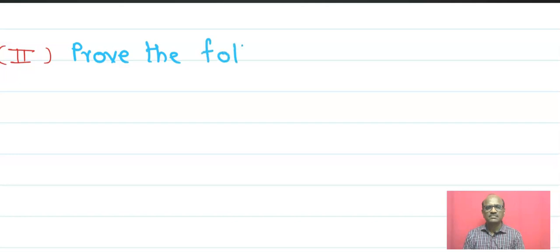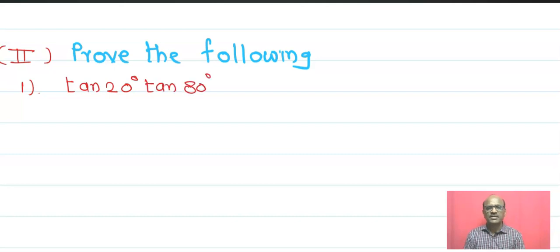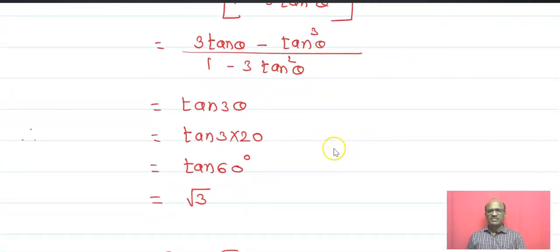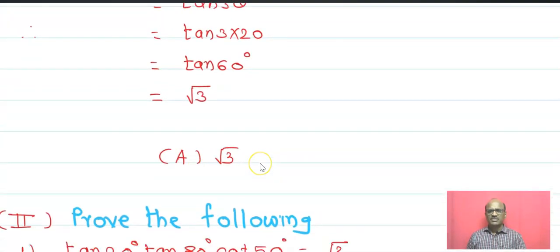In this way, all the multiple choice questions are completed. Now the next is: prove that the following. That is tan 20, tan of 80 and cot of 50 is equals to root 3. Just we have completed this question. Now it is written again like this, tan theta, and if you multiply it, then you will get its value is root 3.